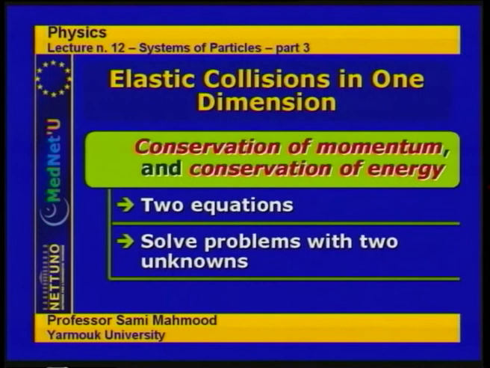We have to stress that these are independent equations, because where the conservation of momentum is coming from is completely different from where the conservation of energy is coming from. So they allow us to solve for two different unknowns of the motion.